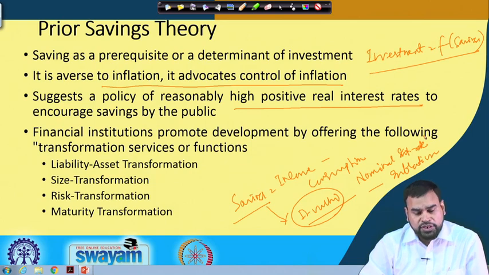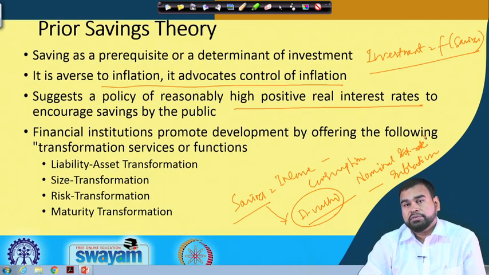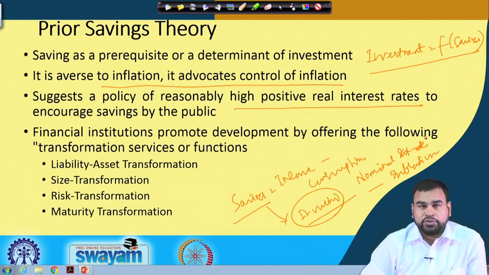Here, this theory tries to analyze what kind of services financial development or financial institutions offer in terms of different aspects. We will discuss one by one how they contribute to the growth process through savings and investment behavior, as well as the services side.